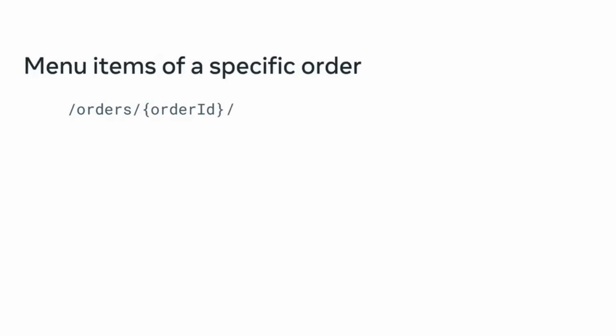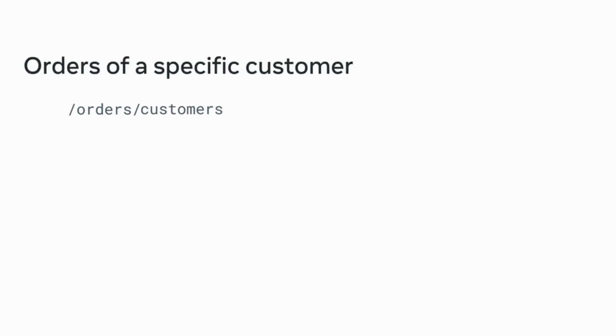For example, if you want to create an API for a specific order, it should be /orders/{orderId}, with a capital I. By adding /menu-items to the API endpoint, you can fetch the menu items for a specific order. Or you can fetch orders of a specific customer by changing the ID to customerId wrapped in curly braces and adding /orders.